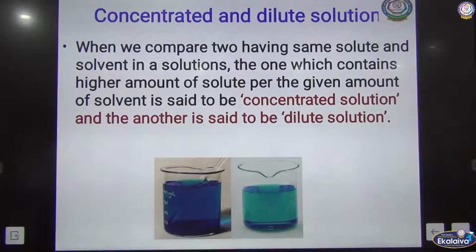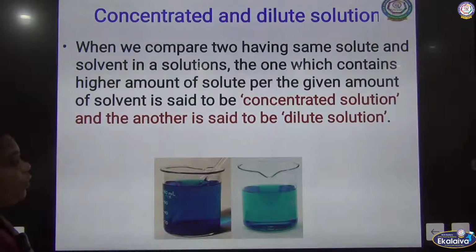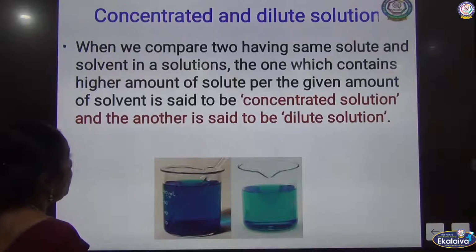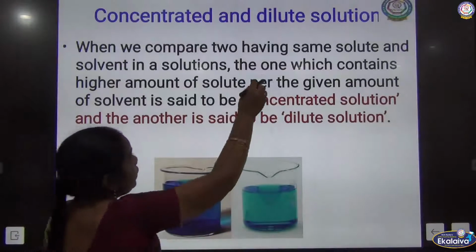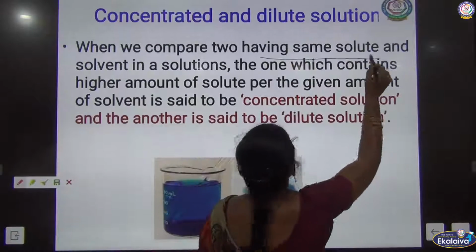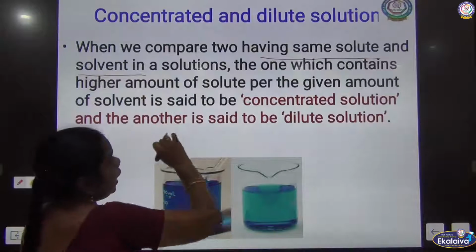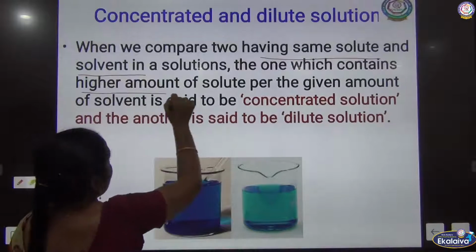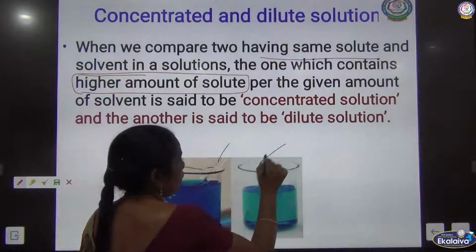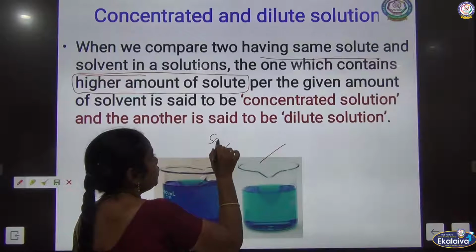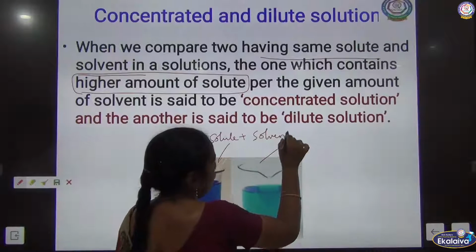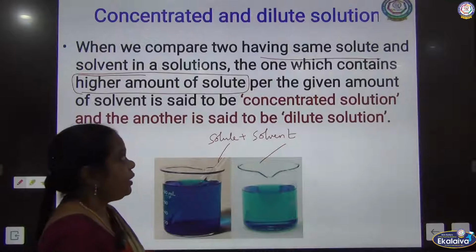So what is meant by this comparison? How can we say it is concentrated or dilute? When we compare two solutions having the same solute and solvent, one contains a higher amount of solute. Both have the same solute and solvent, so what is the difference?